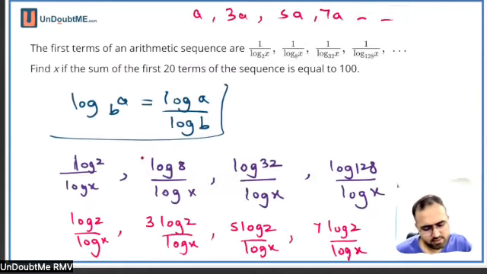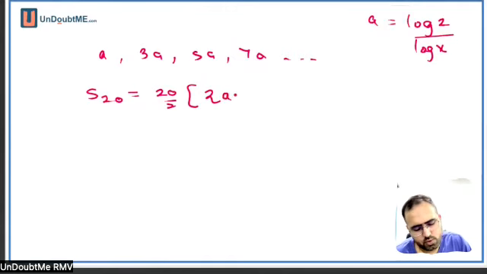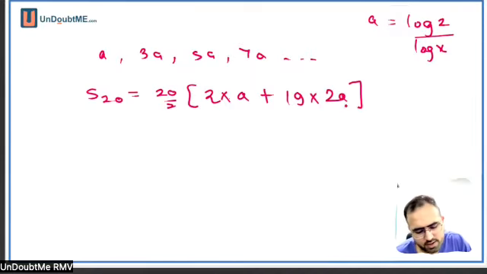Now for this series, sum of first 20 terms is 100. Sum of 20 terms, so it will be like S20 is equal to 20 by 2, 2 times a. A is the first term plus 20 minus 1, 19, D will be 2a.